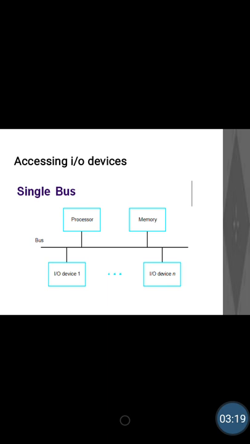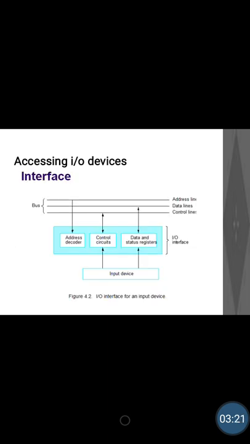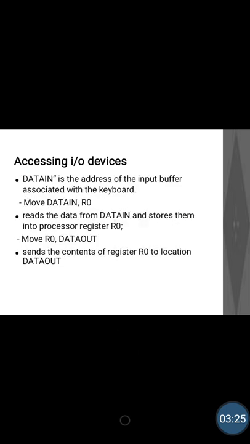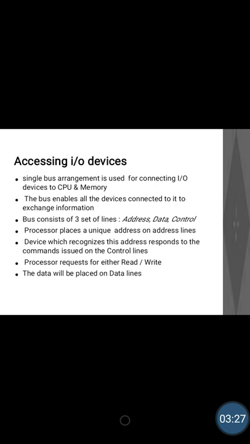So what it has to do is send the address on the address lines. This address will be decoded by the different devices, because all of the devices will be looking at the address lines to see whether it is their own address.